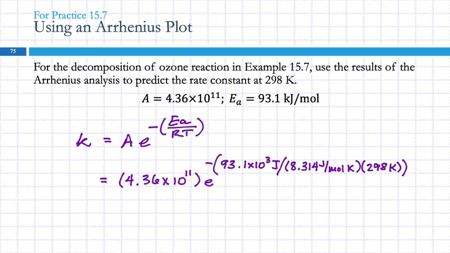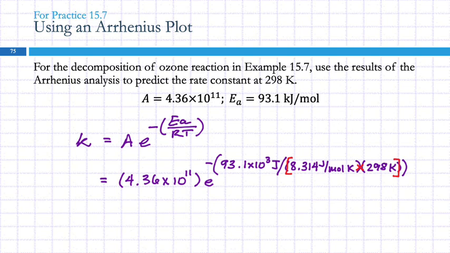And then you've got to plug this into your calculator. Here we're dividing by two numbers that are multiplied, so what most students find best is to use parentheses there because you naturally want to multiply. So get your calculator out and make sure it's going to cooperate with you.